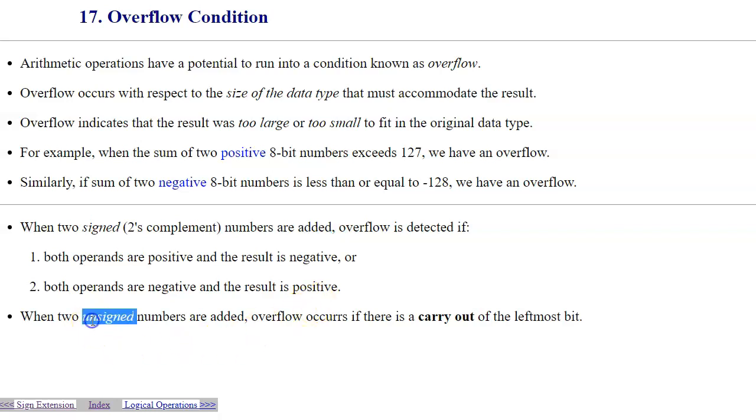When unsigned numbers, which means only positive numbers, are added, overflow is indicated by carry out of the leftmost bit. So essentially, clearly, to accommodate the full value, we need an extra bit, and therefore we just overflow the original data type.